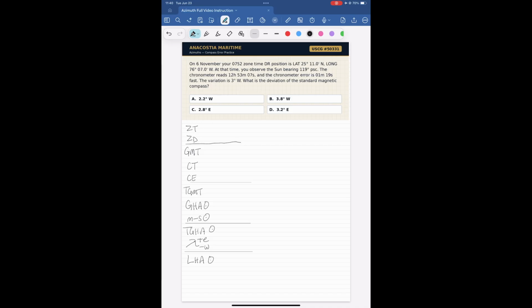And that would give me the LHA of the sun. Okay. Up here I have my latitude. Let me give a little bit more space here. Latitude, longitude, bearing, variation. Okay.